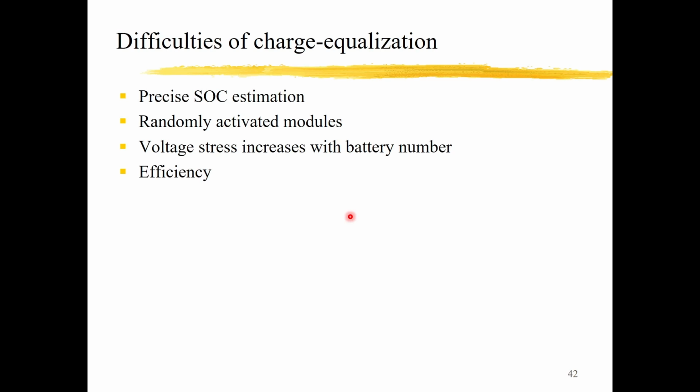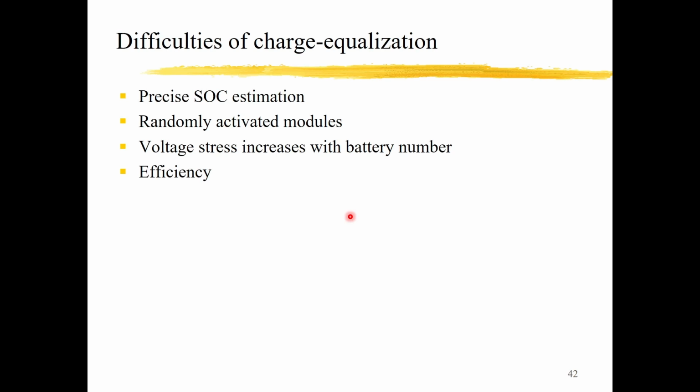Of course, the most effective one may be the energy transfer category, and there are several topologies to achieve the purpose. You also have to consider many factors, including the pack voltage level. For higher pack voltage level, hierarchical topology should be considered.